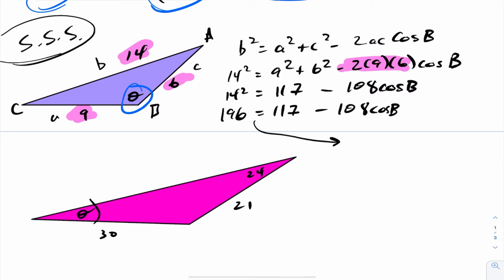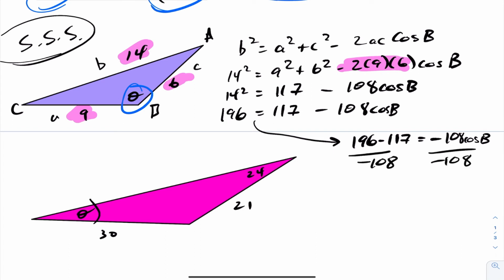Continuing on here, we've got 196 minus the 117 is negative. Don't forget that minus sign. That's a common mistake students make. Divide across by the minus 108. And we get the cos of B is approximately equal to negative 0.73.